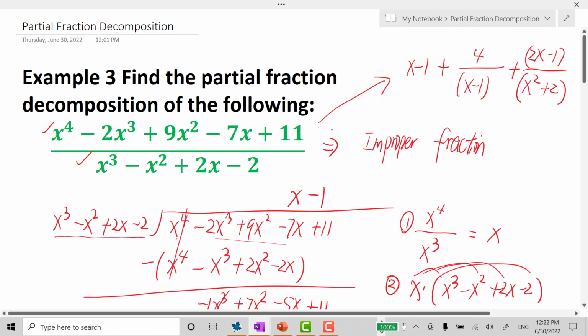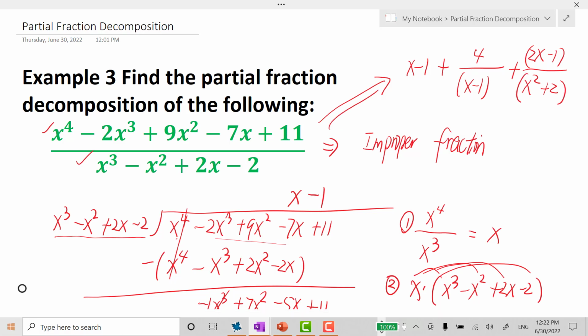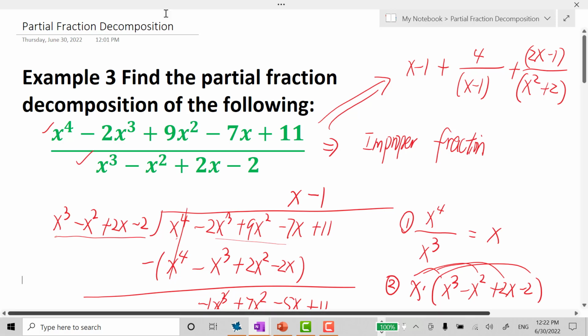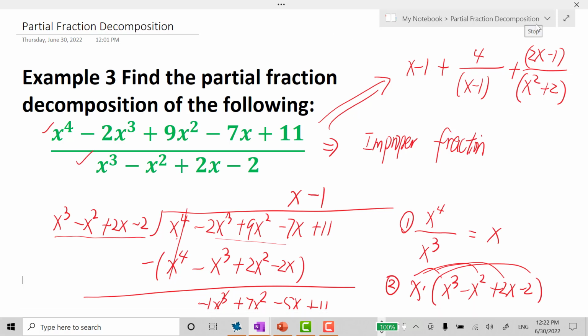This is the complete result for this partial fraction decomposition. I hope you learn from this method. And that's the end of the video.